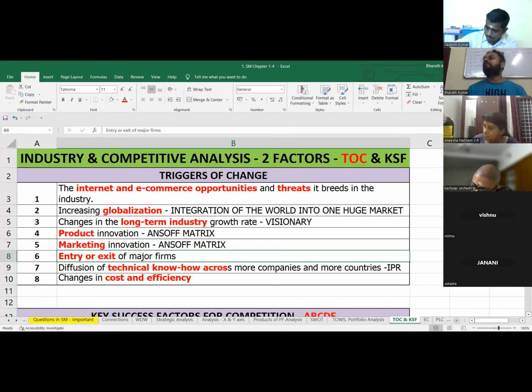That means new innovations, inventions are coming. Technical know-how, we will always say IPR, intellectual property rights, new trademarks are coming. You cannot just add any video to YouTube, because they would have a copyright issue. You cannot use any logo or trade name, because they would have a trademark problem.